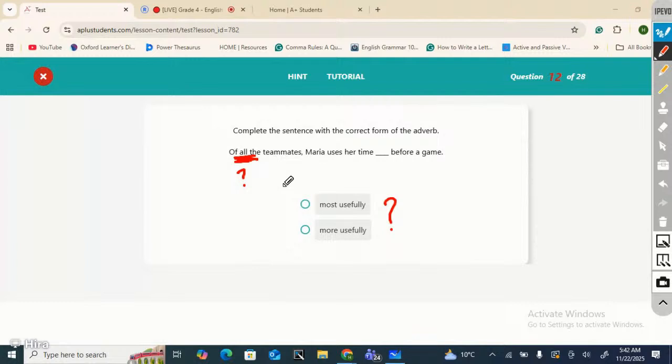Yes, of all the teammates means more than two actions are compared. It means you have to use a superlative adverb. Of all the teammates, Maria uses her time most usefully before a game.